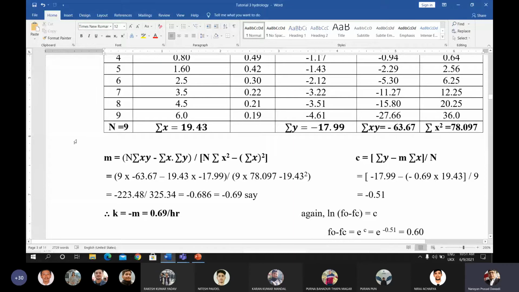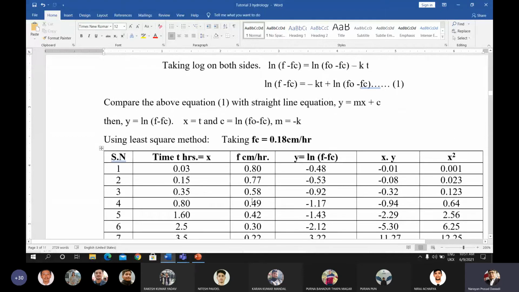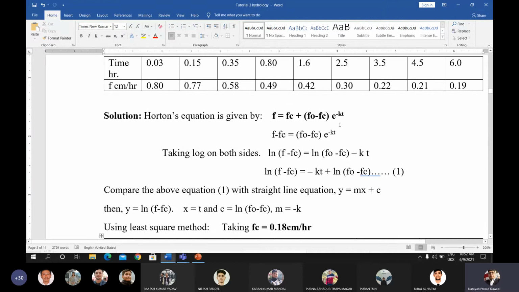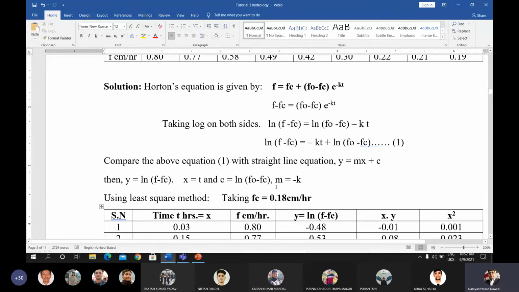After solving this, the value of m is calculated as minus 0.686, which can be taken as minus 0.69. If you compare this with the straight line equation, equation number 1, the value m is equal to minus k, so k will be minus m.